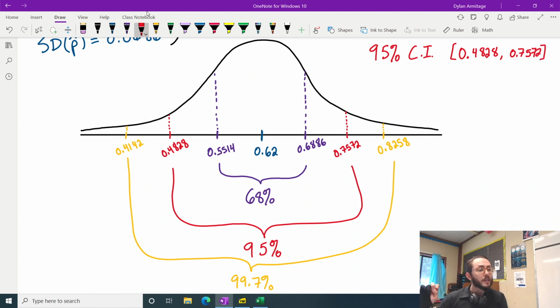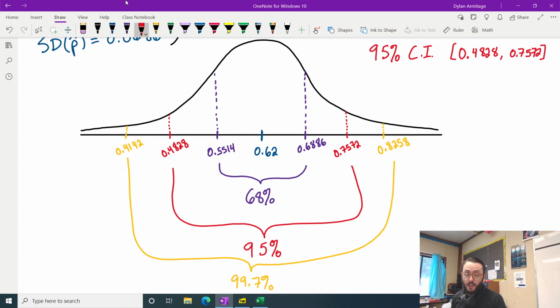So we are 95% confident that the population proportion of the fish from our previous example will be between these two numbers. It will be greater than 0.4828 and less than 0.7572. That's all this confidence interval is.